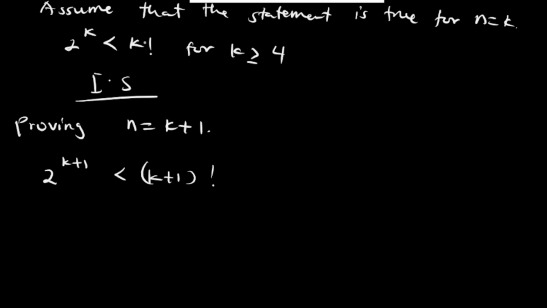So let's see, this one is also written as 2 multiplying 2 to the power k, from indices k plus 1, all factorial, right? Once we have this expression, you can see that our assumption is 2 to the power k. So we need to make our assumption look exactly like this, so that we can easily prove what we have. Our assumption is saying that 2 to the power k is less than k factorial, right?